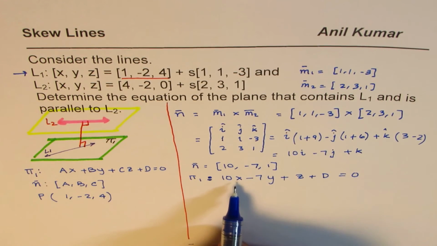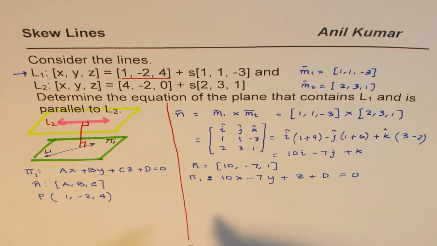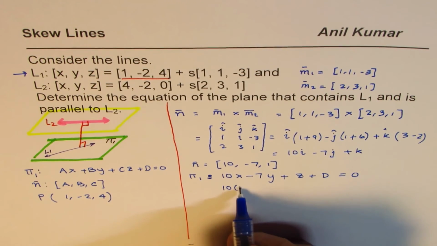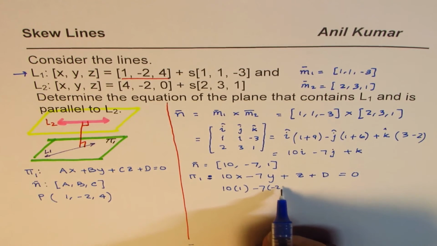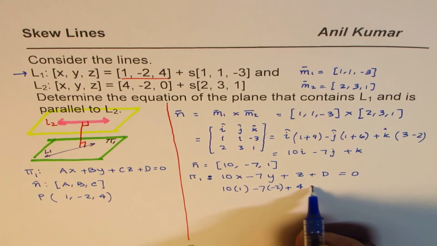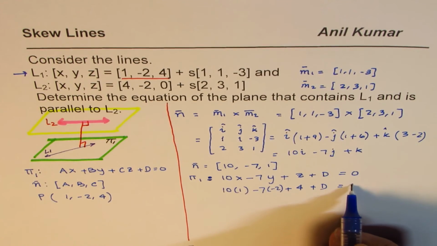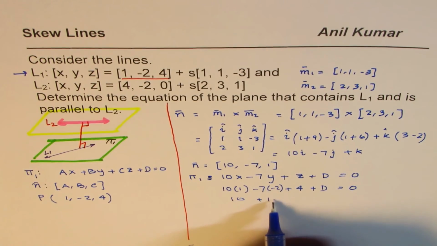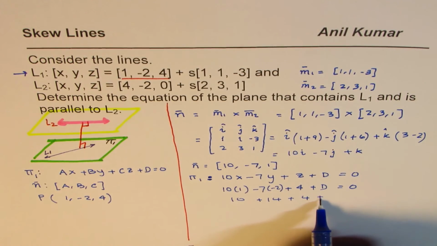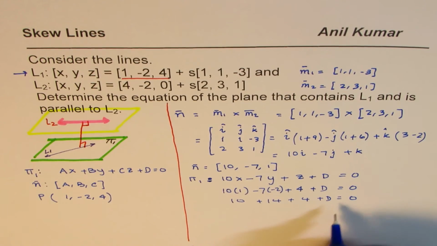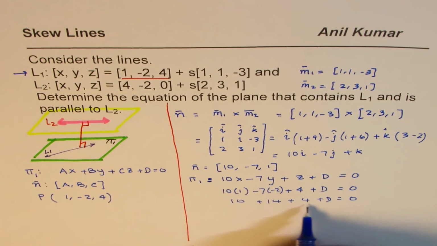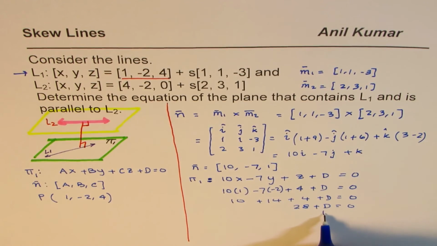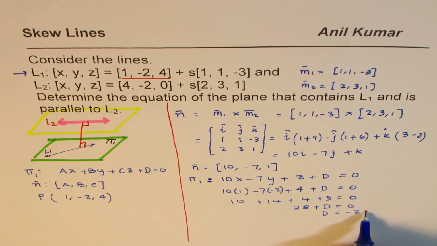So these are the values which I can substitute to find d. Taking this point into consideration, we have 10 times 1 minus 7 times -2 plus 4 plus d equals 0. So that gives you 10 + 14 + 4 + d = 0, which is 28 + d = 0. So d is equal to -28.